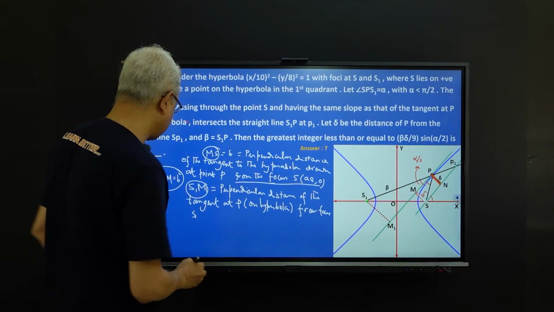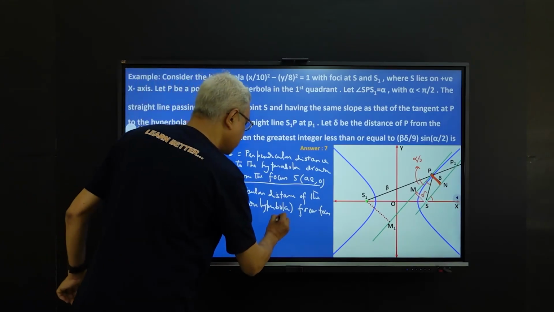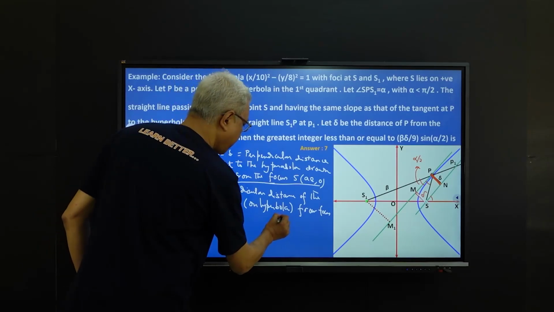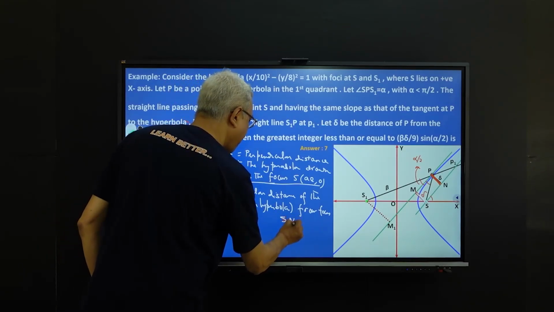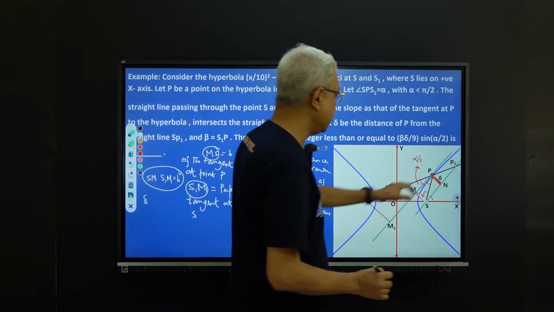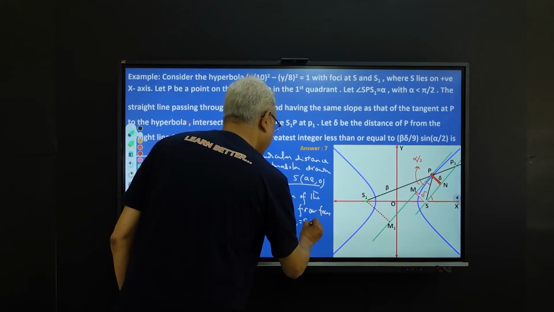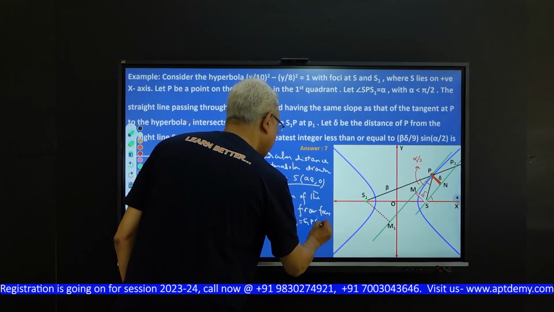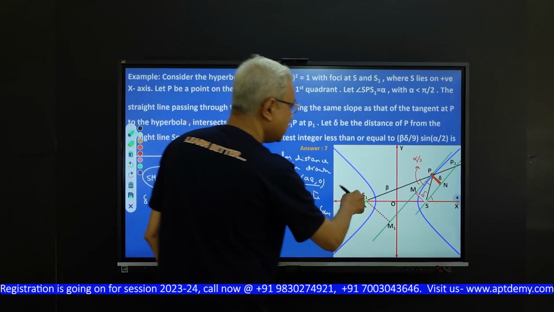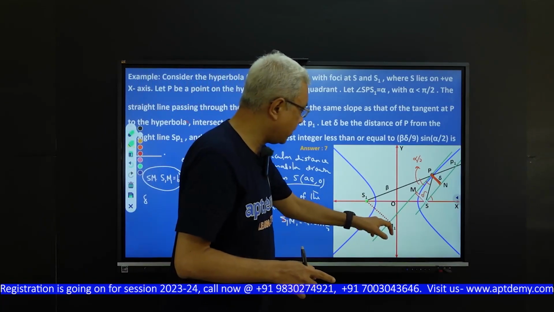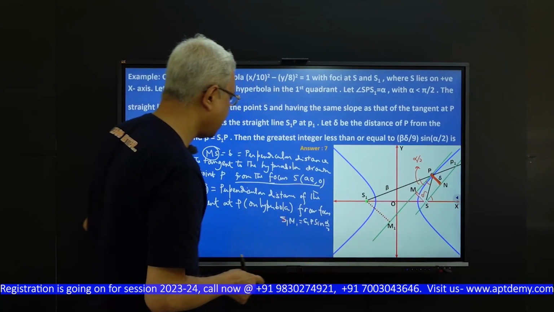So I can write S1M1 is equal to S1P sin alpha by 2. Okay, because this is a right angle triangle S1M1P. So S1M1 divided by S1P is sin alpha by 2.